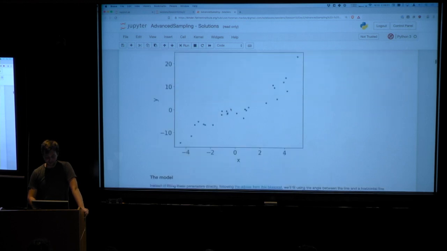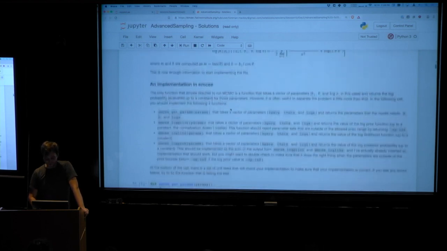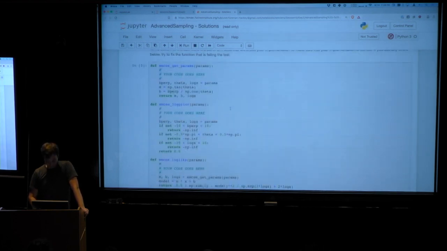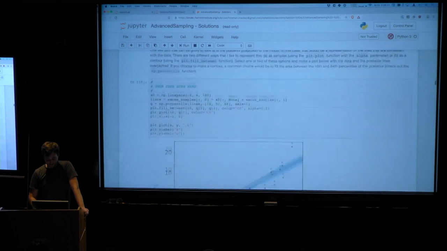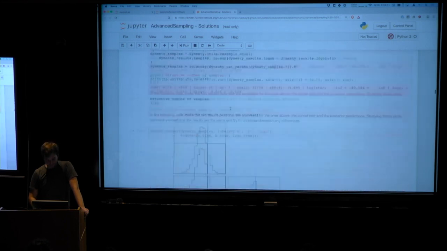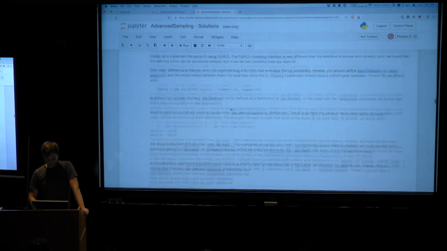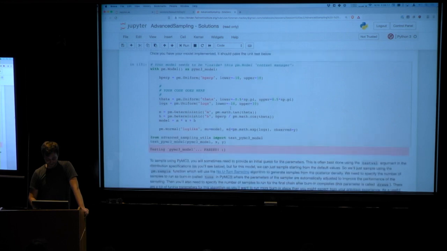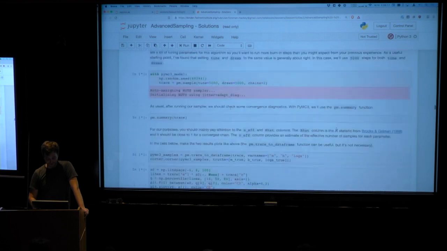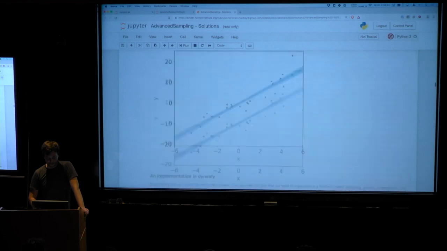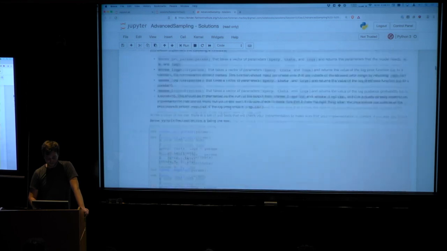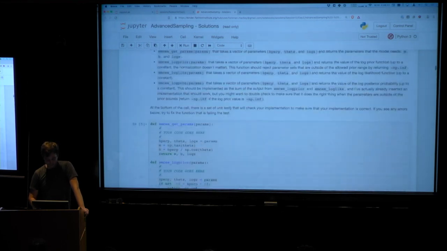The first example, like every other tutorial, is fitting a line to data. But the catch here is that we're going to do it in MC, Dynasty, and PyMC3. A lot of the code exists already.